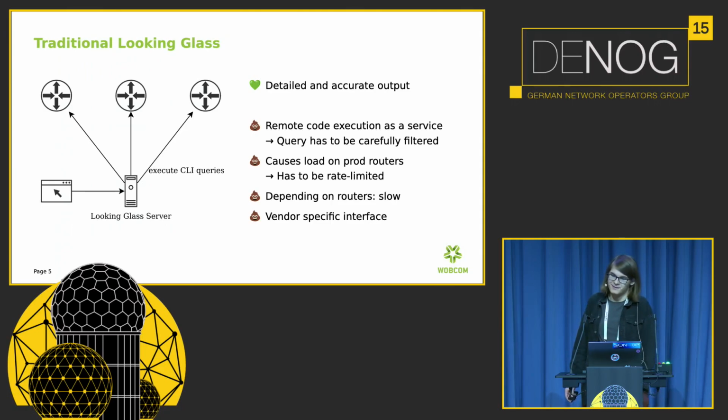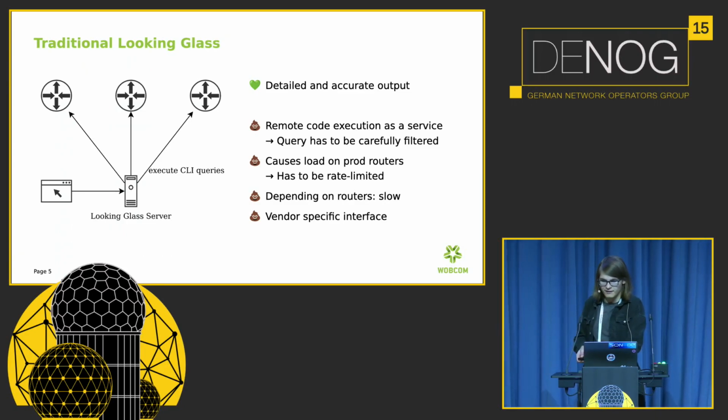And this is a bit problematic because it generates load on the routers, and so they really have to be careful that you don't overload the routers. This method is used by a lot of big networks, and it has the advantage that it gives you a very accurate output. It basically gives you the same output as if you would log onto the router and execute the query as an employee of a company. But yeah, maybe not the best solution.